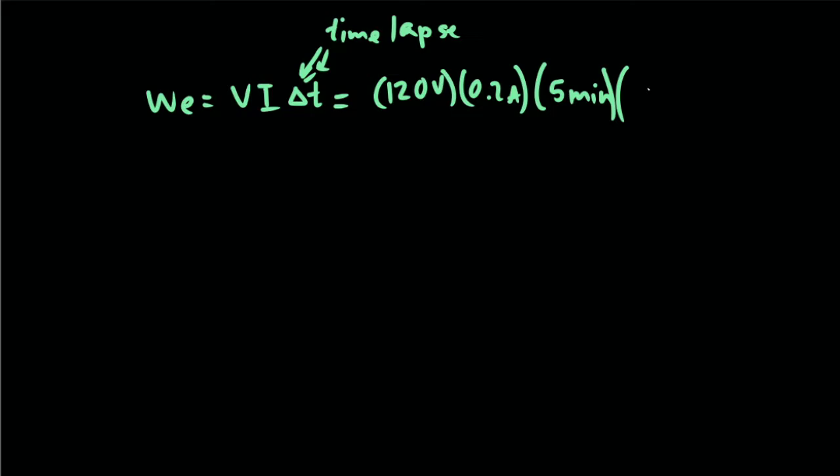We convert by multiplying by 60 seconds per minute, our conversion factor. And so this gives us that the work electric is equal to 7.2 kilojoules.